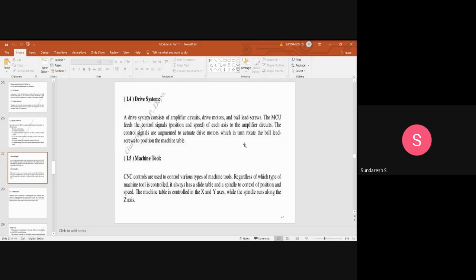Control signals control the position and the speed of each axis, and these control signals are augmented to actuate the drive motors. The drive motors are connected with the ball lead screws.